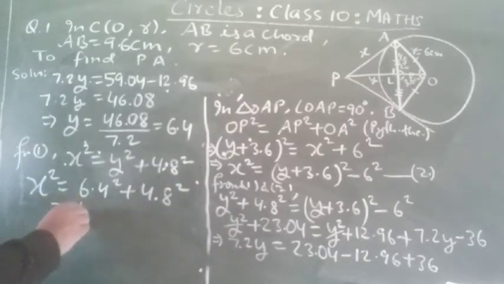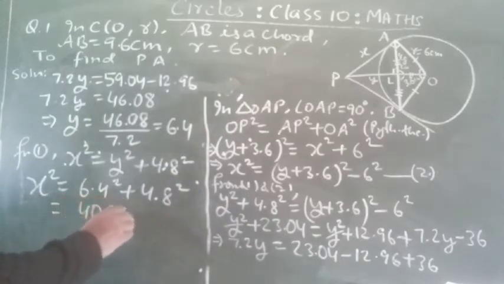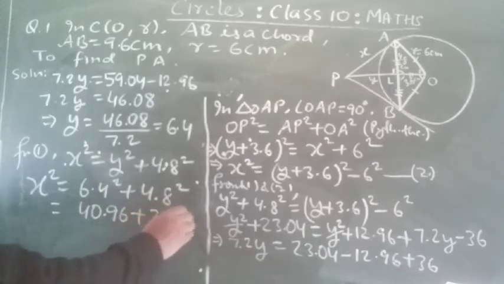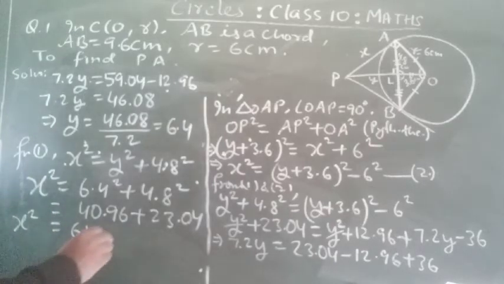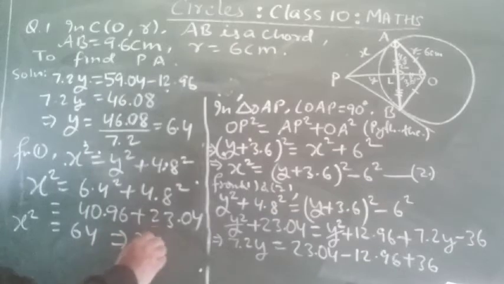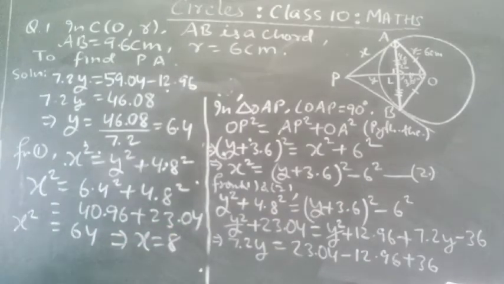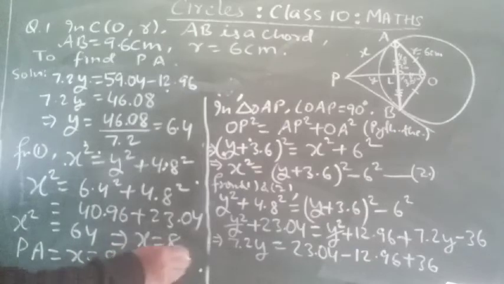So it will be 40.96 plus 23.04, which is 64. So x square equal to 64. What should be the value of x? The value of x will be 8. So what is the length of tangent? The length of tangent PA, that is x, equal to 8 centimeter.